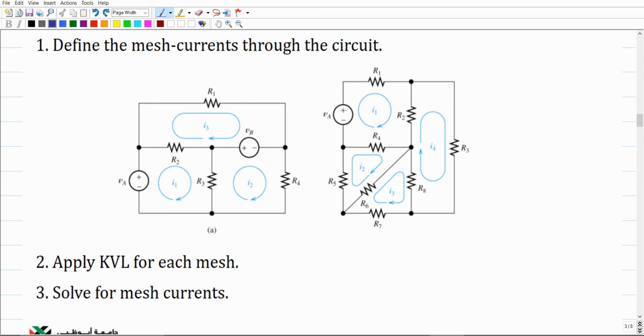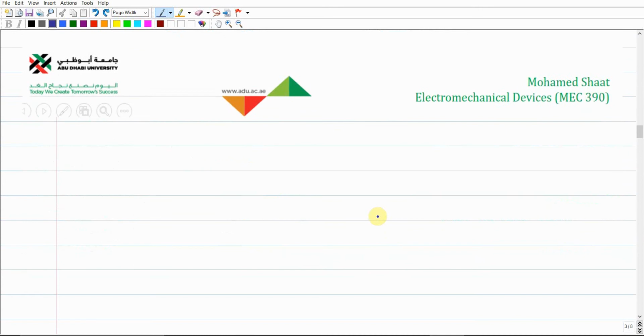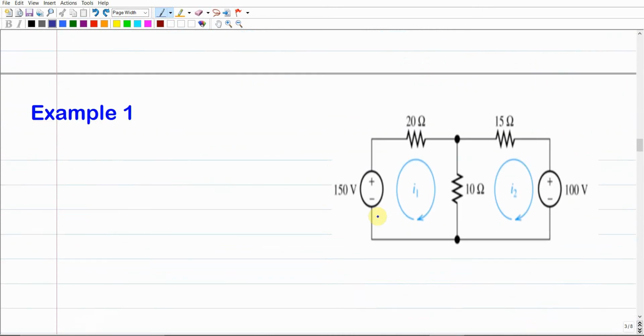So this is how it works. These are the main three steps. Then you have to use the mesh currents to find the voltage or the current over any electrical element, depending on the requirement of the problem. As a practice, it is a very simple problem.